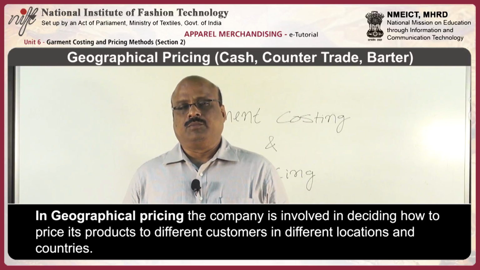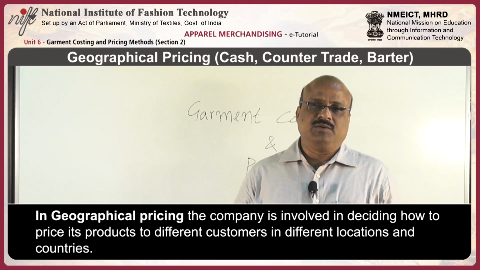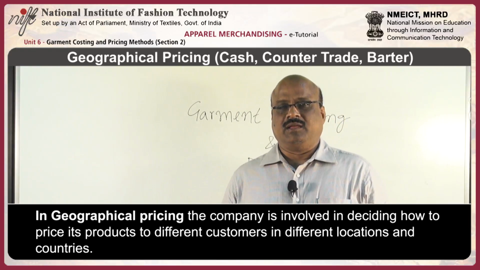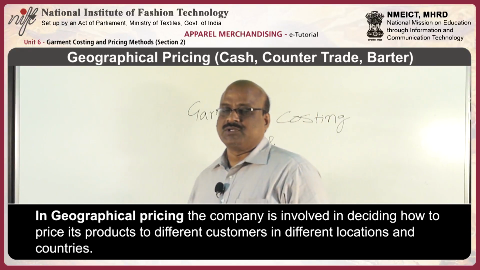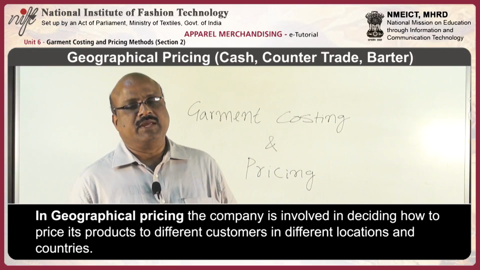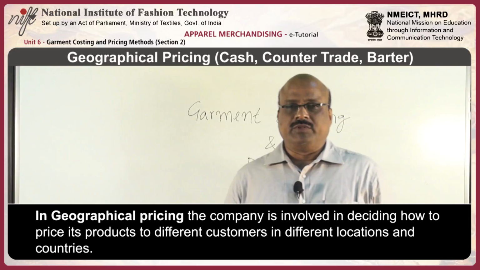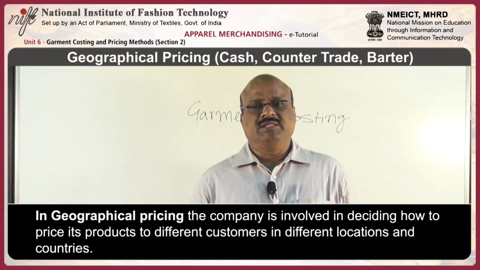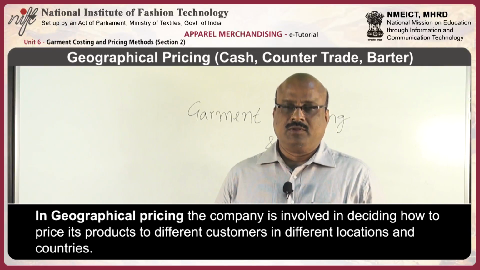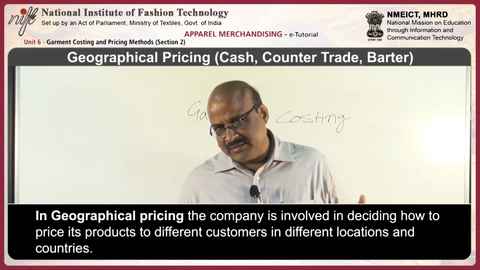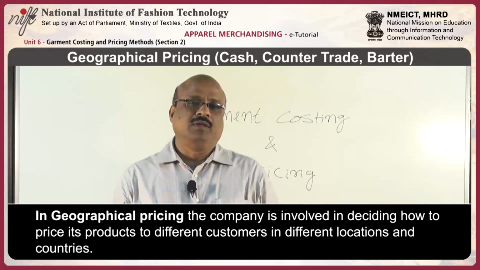So the pricing would vary geographically in different locations. It may be to take care of the transportation costs involved. It may be to take care of some local tariffs and taxes. So there will be some changes according to the geographical region where the product is being sold.